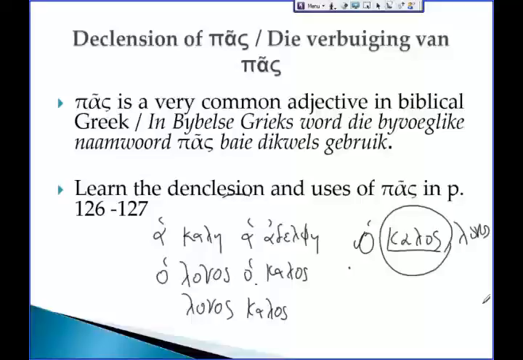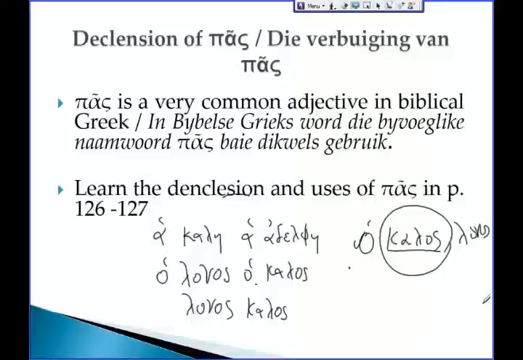With that one ending. Anyone wants to help? It is a participle, a present participle. That's what the rule is saying here. Pas often occurs with personal pronouns, demonstratives, and participles. So learn that also. Go and look at the fifth point.